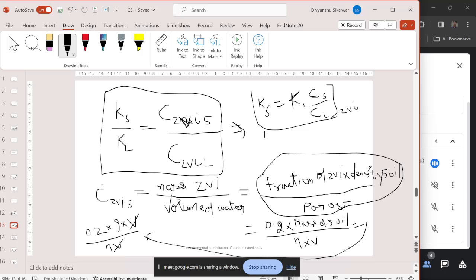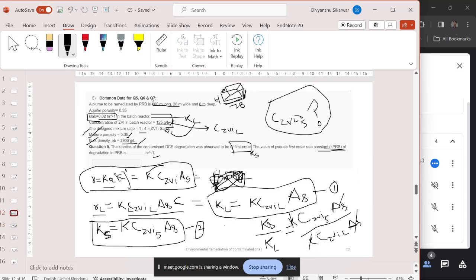So now we know the concentration of NZVI in lab. It is given there, concentration of ZVI in batch reactor. So this is for lab condition, concentration is given. And for real time soil condition, real situation, the ratio is given.